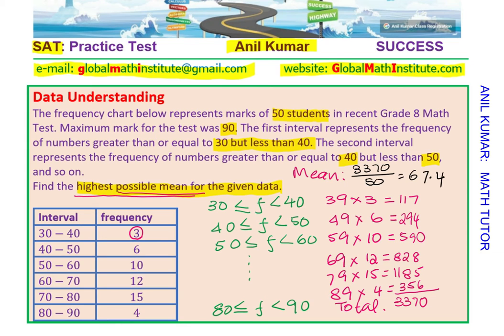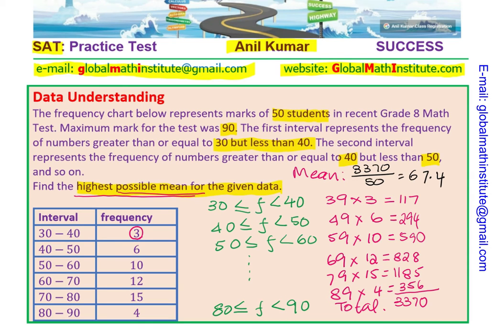So 67.4 becomes the highest possible mean for the given data of this class with 50 students. Is this part clear to you? My calculations could be wrong, but you can check them yourself. Perfect. I hope you have understood the concept.